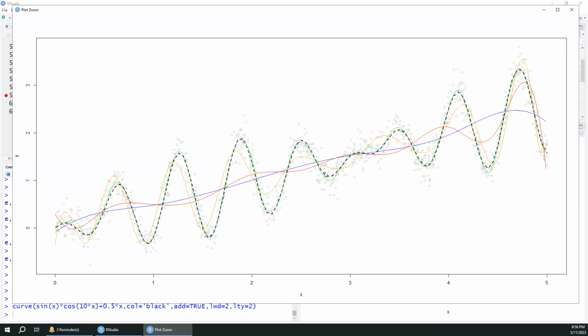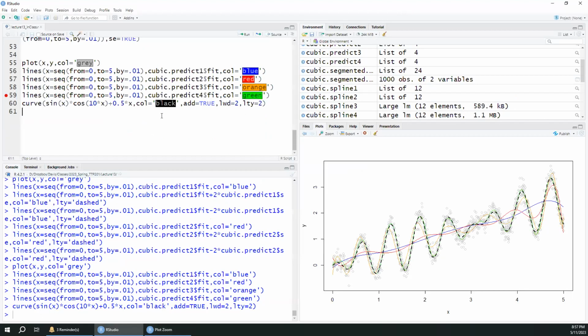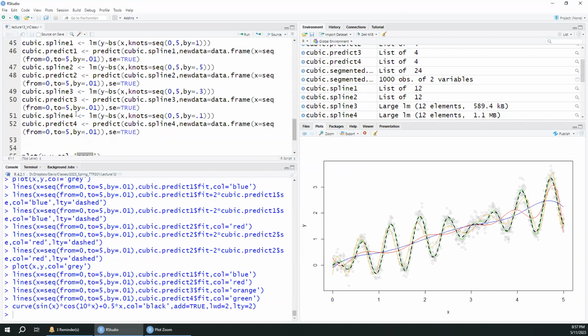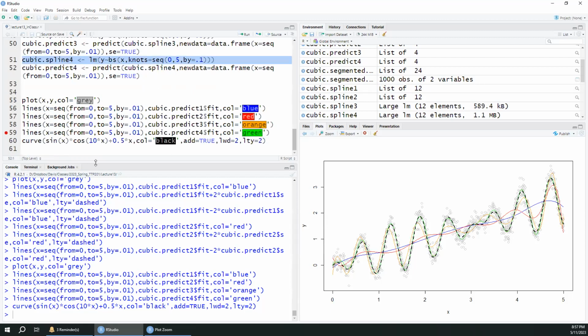You can see, okay, there's some imperfections in several areas, but for the most part, it's actually a really nice fit. And that model is not very complex. Like the only thing essentially that you've added is to increase the number of knots.